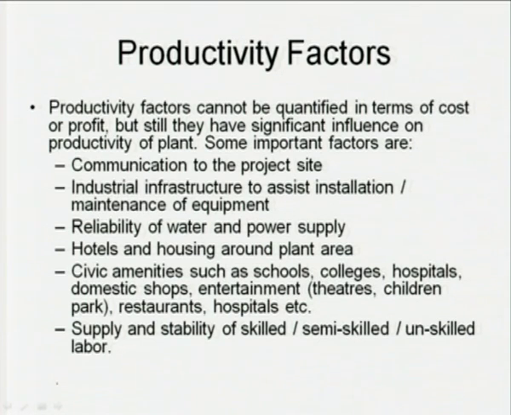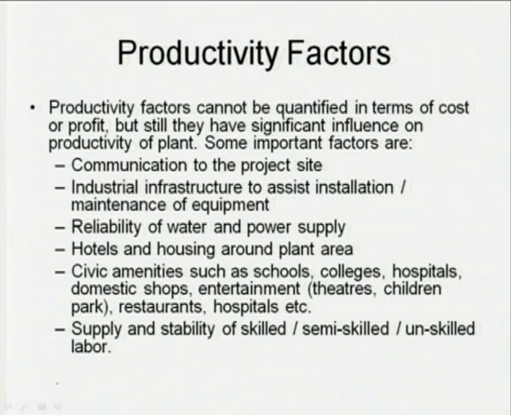The first one is the communication to the project site. Communication is the basic need of any business house. It becomes important if the project site is located away from metro cities, keeping in line with the prosperity factors that we discussed earlier. Then you have to go for building special approach roads that I already mentioned, but overall communication has an impact.